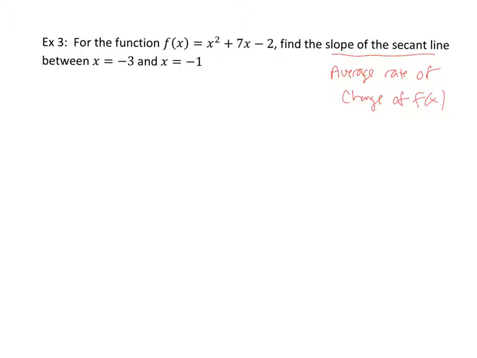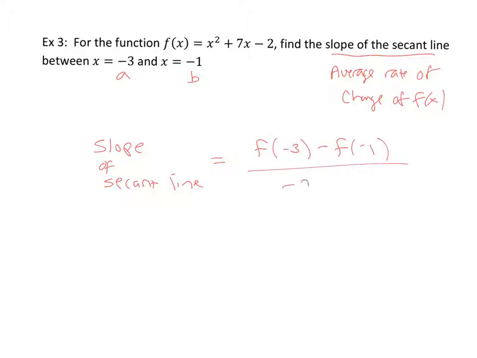So this is just asking for the average rate of change of the function on the interval -3 to -1. But I'll represent it as slope of secant line. So the slope of the secant line is going to be f of, again, it's like our a and that's our b, f of negative 3 minus f of negative 1 divided by negative 3 minus negative 1.